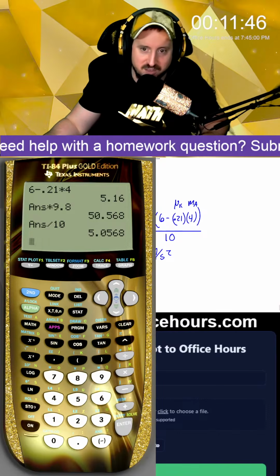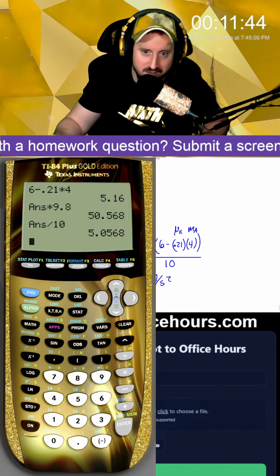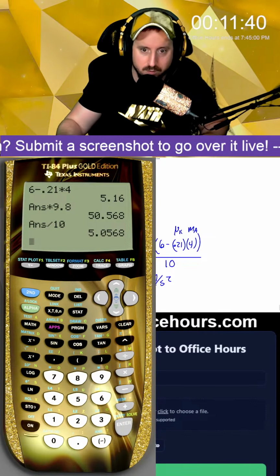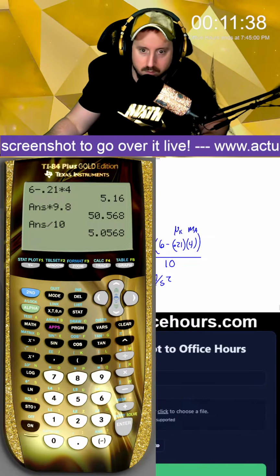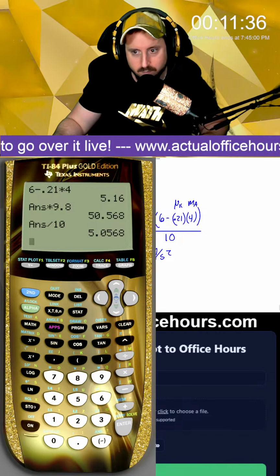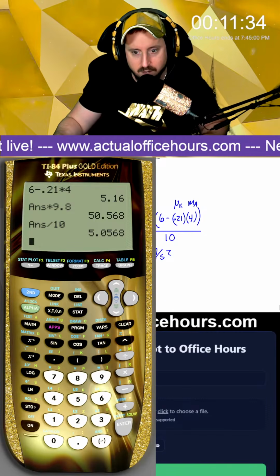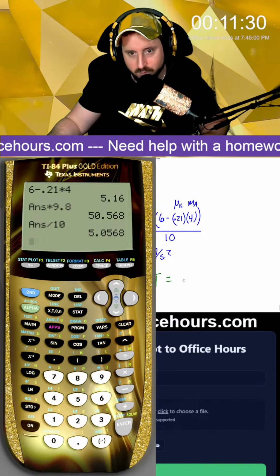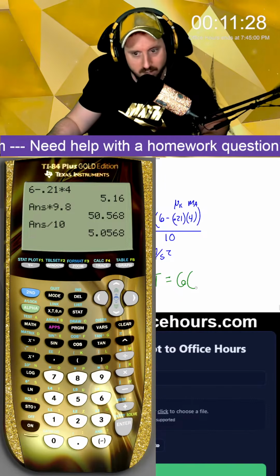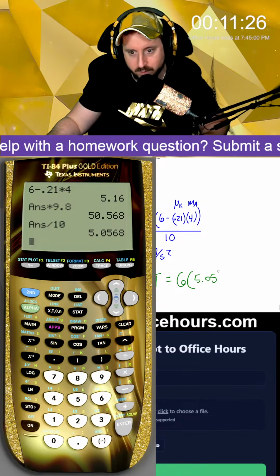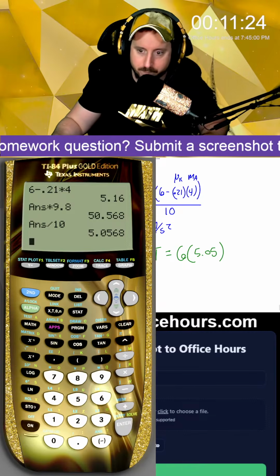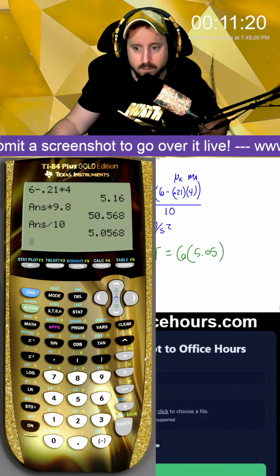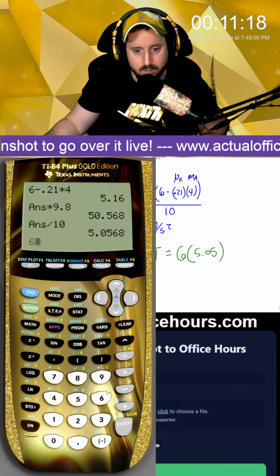And then from this, you can then solve for T, just using either one of these equations. So, I don't know. We could use this one, for instance. So then, 6 times 9.8 minus T is equal to 6 times 5.05, right? Solve for T. Should be 28.5.